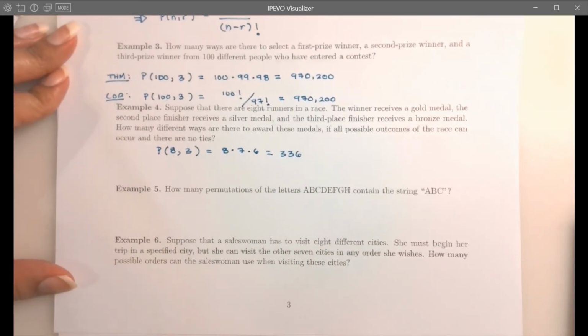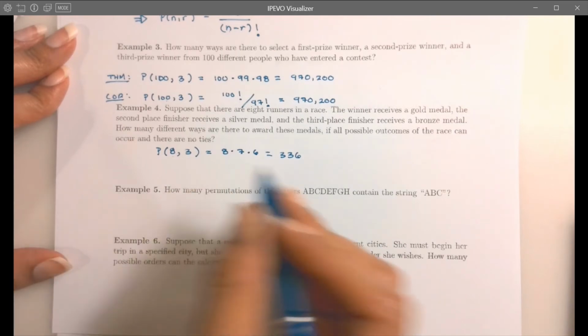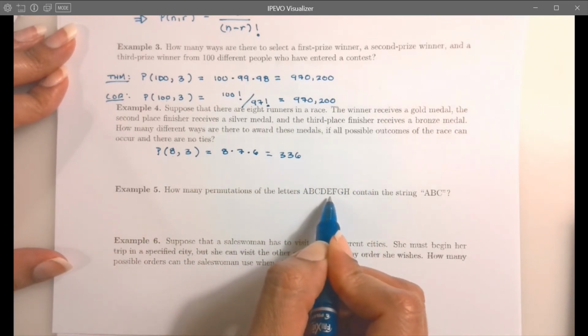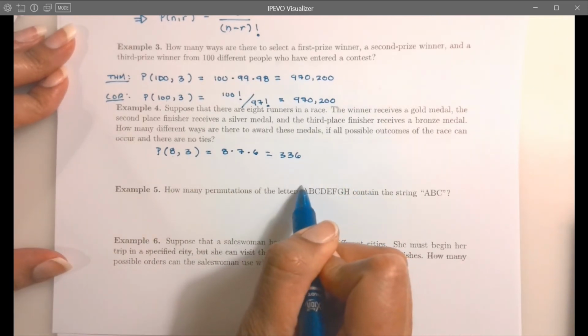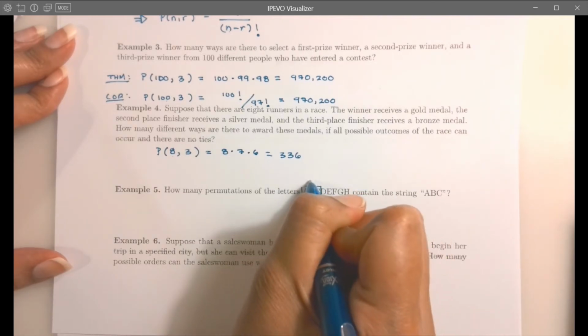Example 5 is asking us how many permutations of the letters A, B, C, D, E, F, G, and H contain the string ABC. So what we want to do is, instead of thinking about all of the letters individually, we can go ahead and group A, B, C as one string.